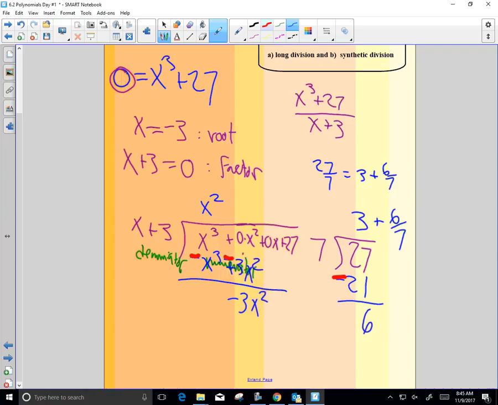If you want to, you can drop this 0x here. x times what is negative 3x squared? x times what? Negative 3x. Now you have x times negative 3x, but 3 times negative 3 is negative 9x.